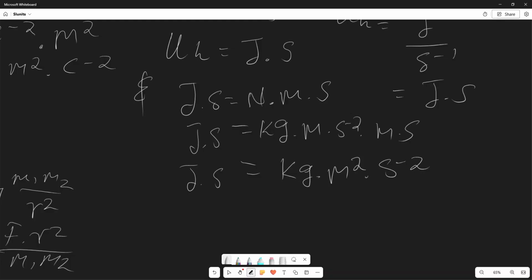Okay, so these will be the units of Planck's constant. Oh, sorry, that should be per second, second to the minus 1 there. Okay, so that is a second.